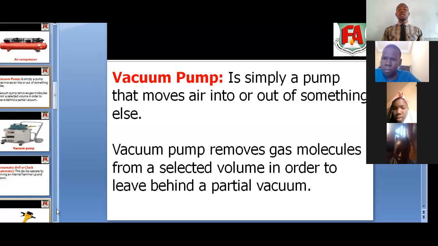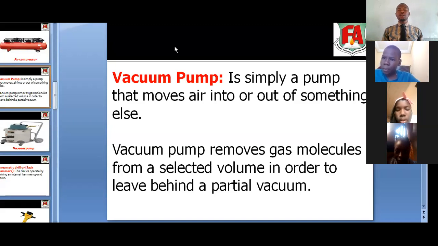It's majorly used for cleaning, to remove dust. It sucks dust. You understand me? It's used for sucking dust, right? You use a vacuum pump to clean your surroundings. You use a vacuum pump to suck dust.